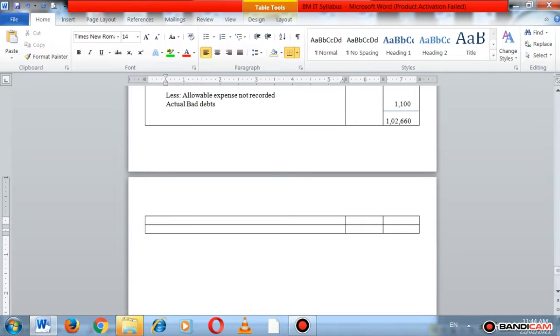Okay, then we add allowable income not recorded in credit side of profit and loss account. So here allowable income is not given, so the total amount is nil.